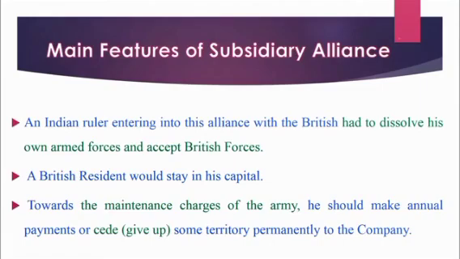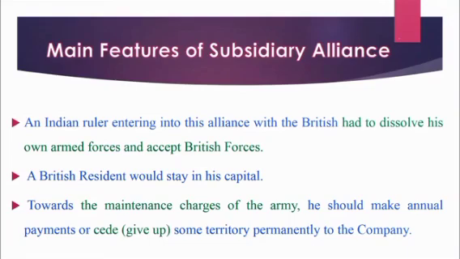The first feature is that an Indian ruler entering into this alliance with the British had to dissolve his own armed forces and accept British forces, which means the Indian native ruler entering into the alliance with the British.